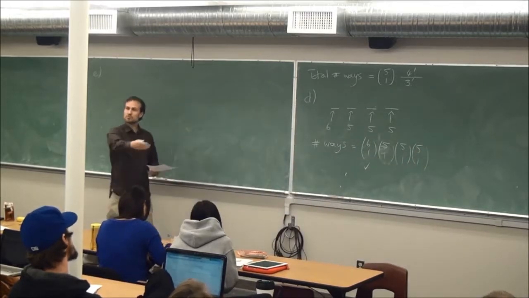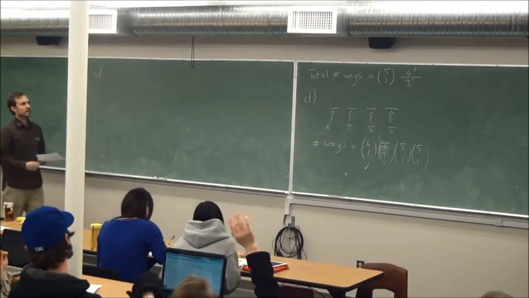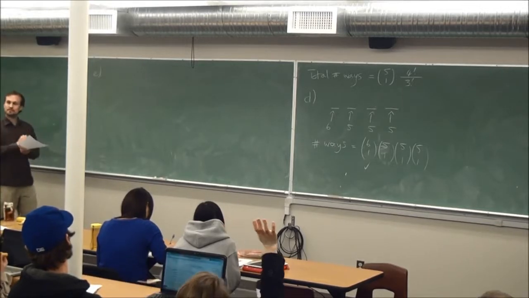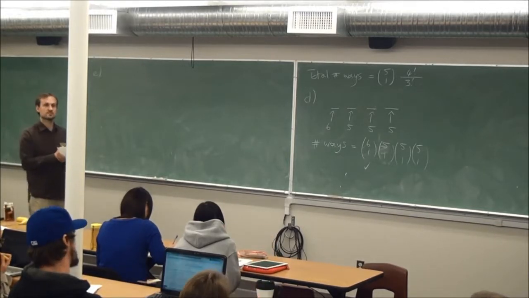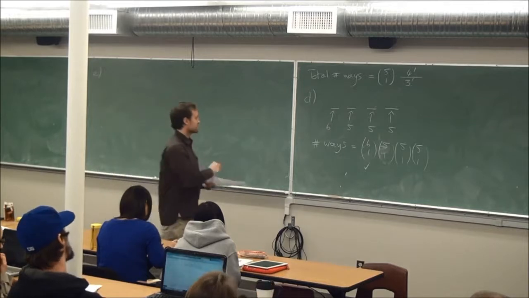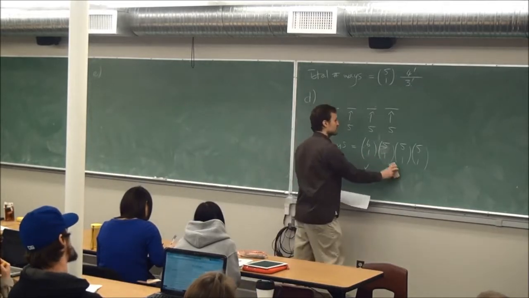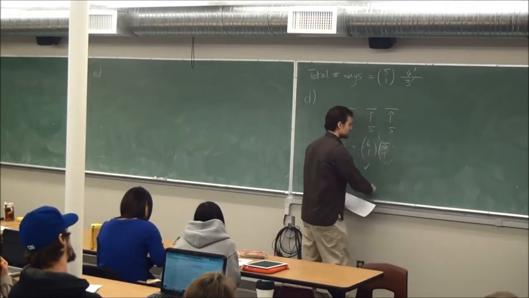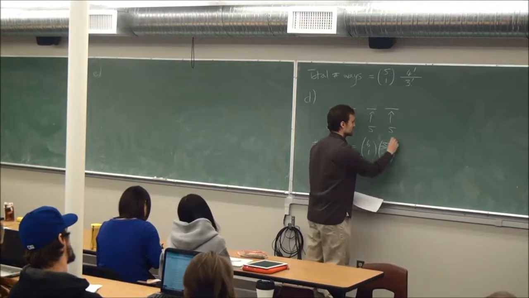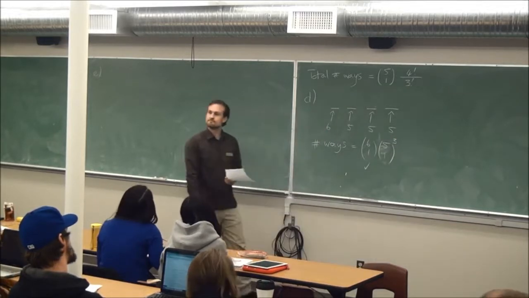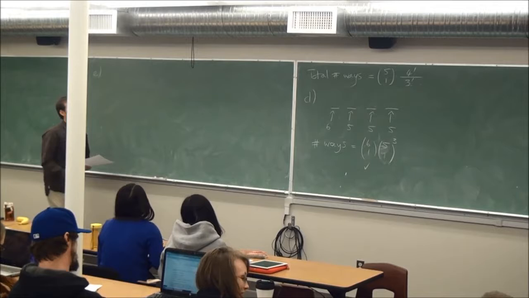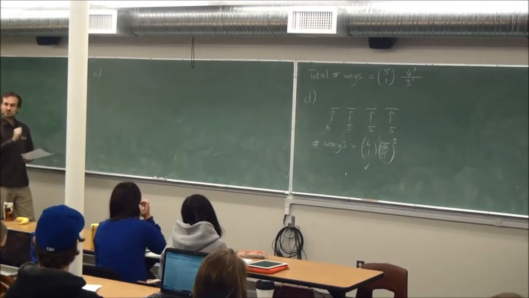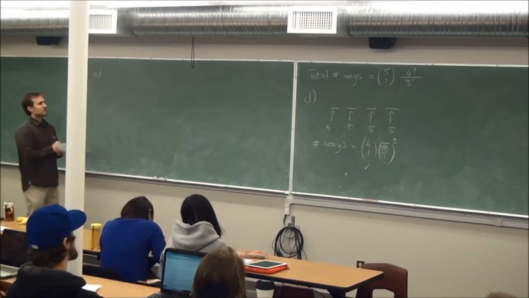I have to do them sequentially so that I can have 5 choices every time. Yes? Can you go 5 choose 1 to the power of 3? Yeah, of course. It's just a number. You can do that. But there's a big difference between that and choosing them all at once. That's the important thing.